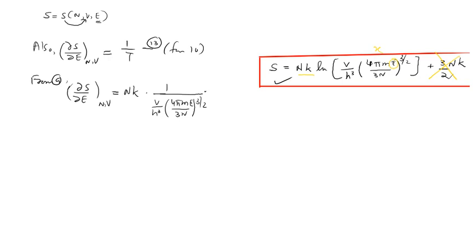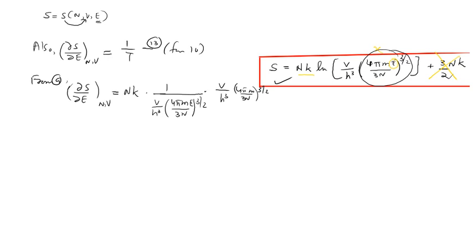the derivative of this particular thing, right? So that will be equal to what? V by h cubed is taken as a constant, keeping apart that E, 4 pi m by 3N raised to 3 by 2. I have kept that E separately outside, because all these things can be taken as a constant.